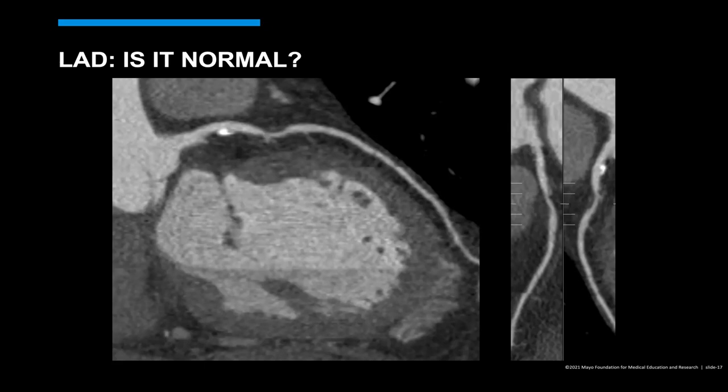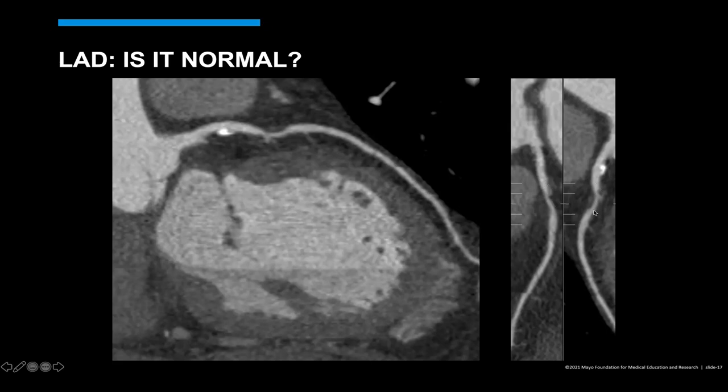Yeah, exactly. So this is a young woman who came into the ED, and as you pointed out correctly, has calcified plaque proximally, and then just beyond that, there is a non-calcified plaque that's causing significant stenosis, particularly when you look at these curved planar reformatted images.